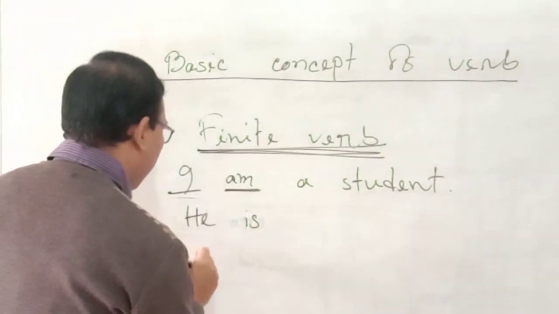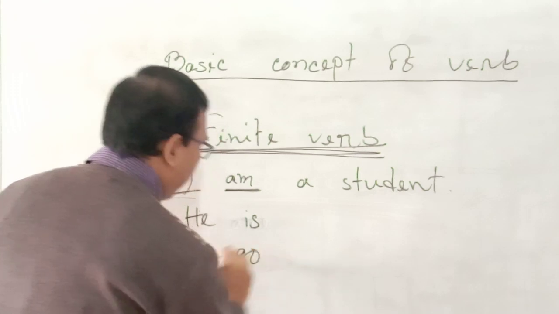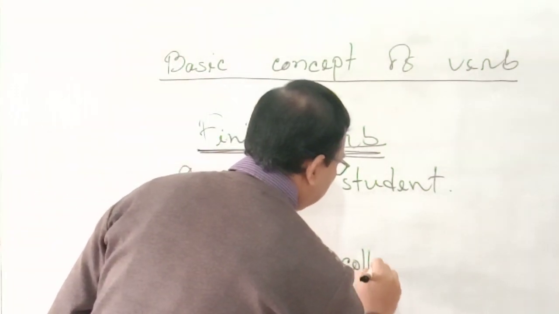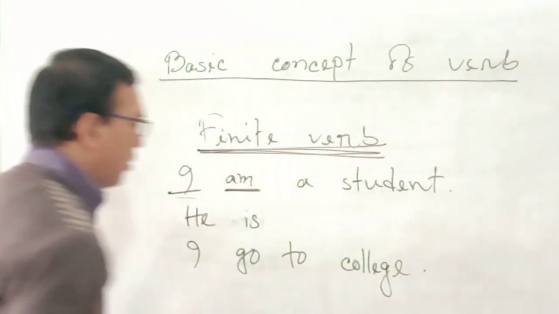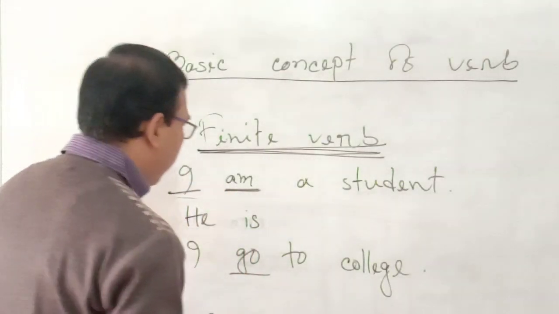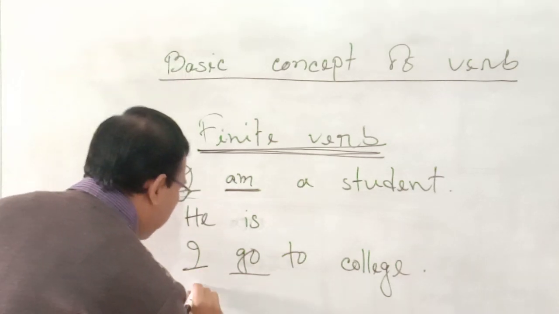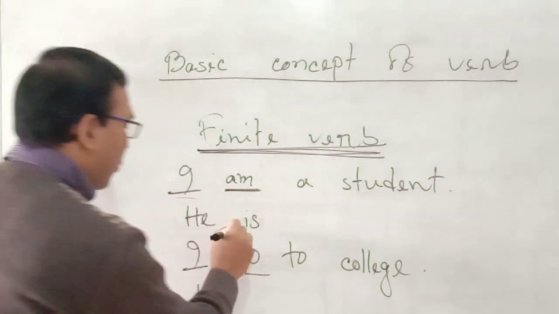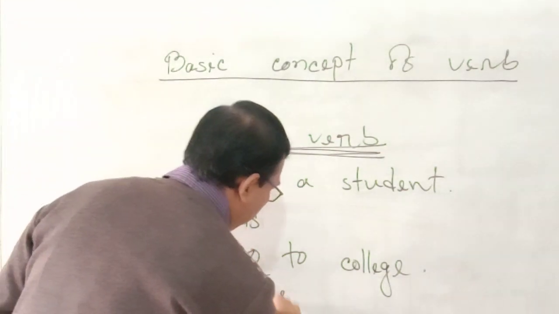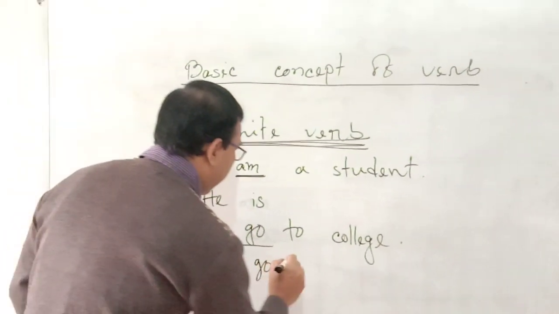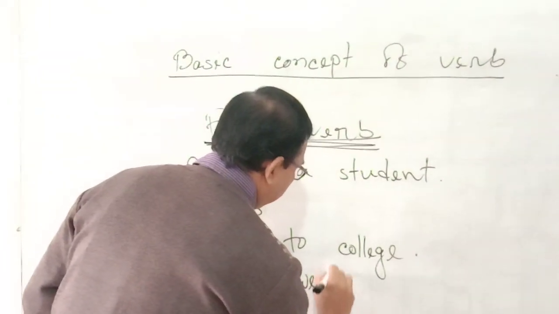Again, I go to college. Here, go is the finite verb. And if we just change the subject from I to he, the verb changes from go to goes. And if we change the tense, the verb will be went.